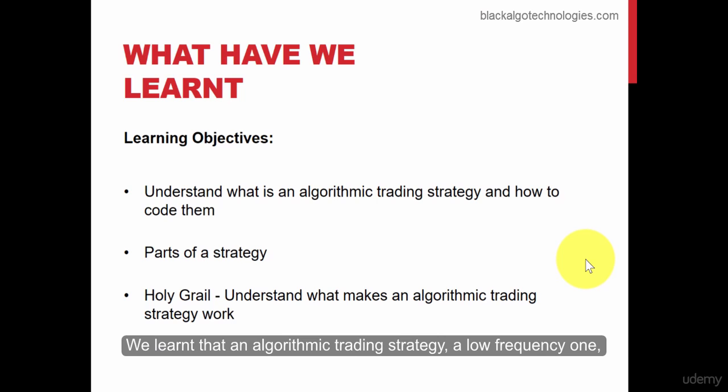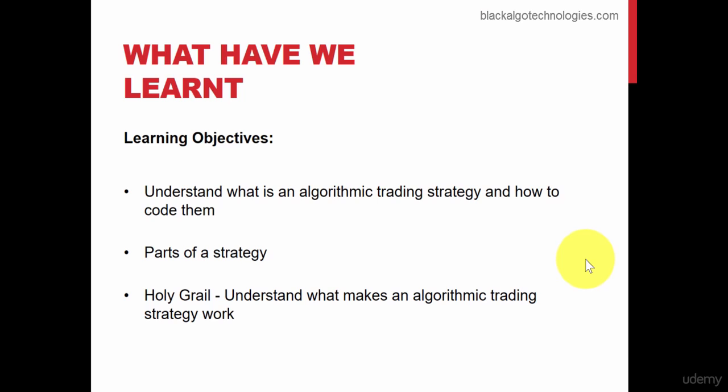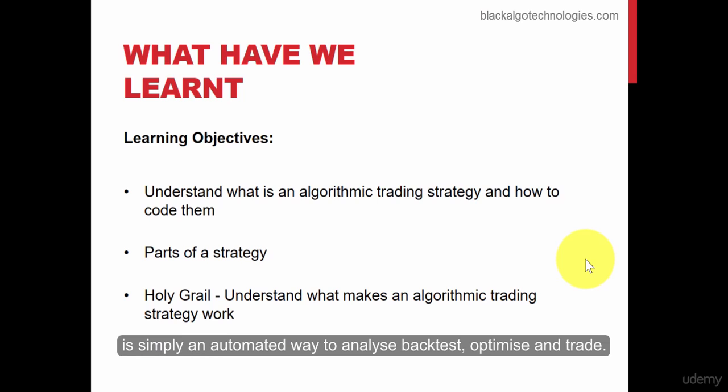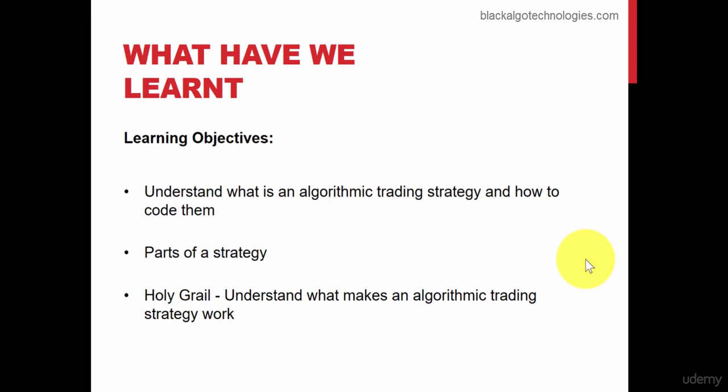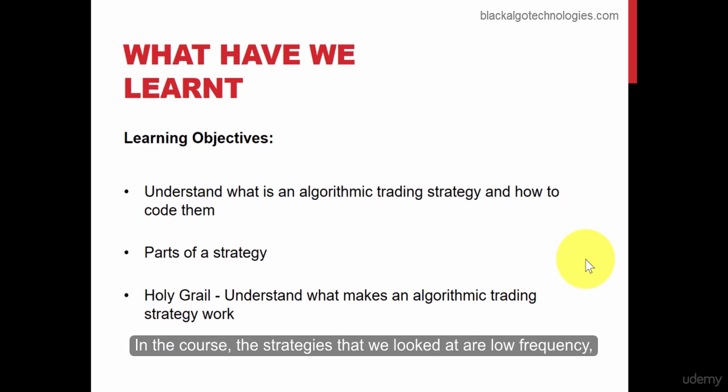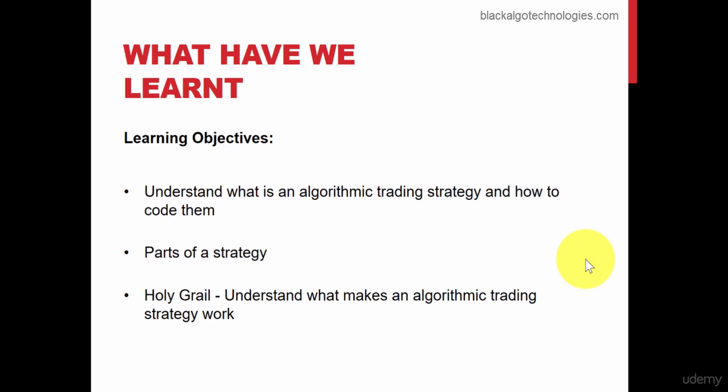So we learned that an algorithmic trading strategy, a low frequency one, is simply an automated way to analyze, backtest, optimize, and trade. In our course, the strategies that we look at are low frequency, based on math models, using a market prudent approach.